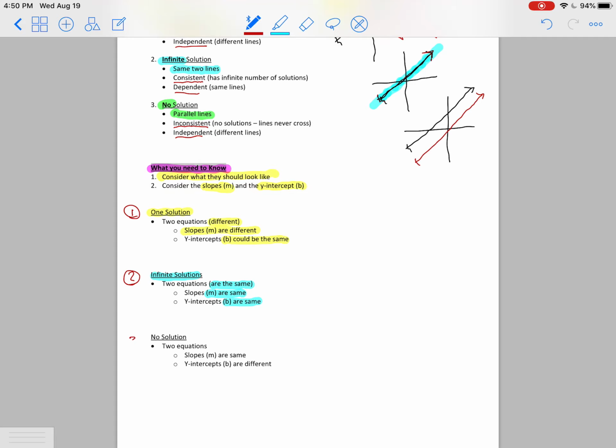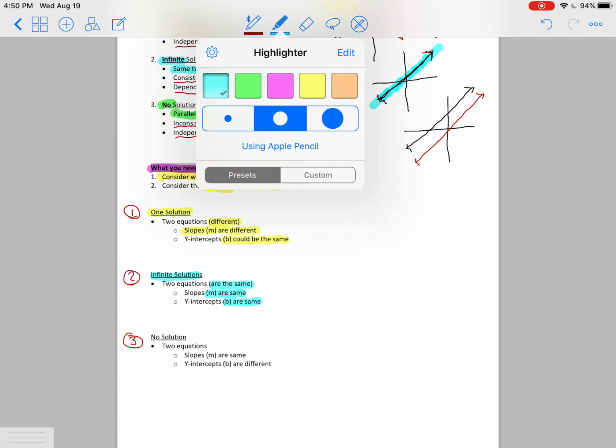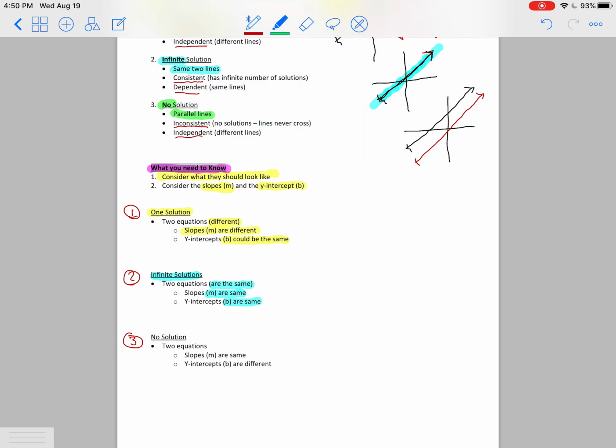All right, thirdly, what does a no solution look like? What would a system look like that you were creating that has no solution? Well, we've got our 2 equations, of course, and we know that the idea here would be that the slopes are the same, but the y-intercepts have to be different. Let's look at that right here. So we've got our no solution right here.